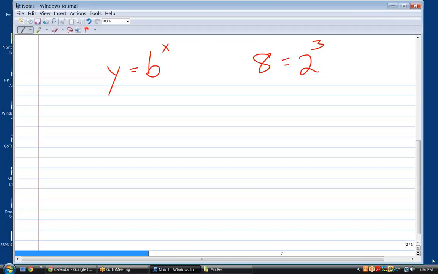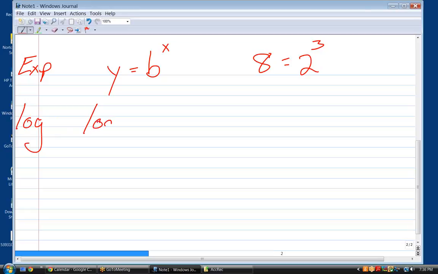All right. Every discussion about logs needs to start here with y equals b to the x. This is an exponential expression. That is not an algebraic expression. That's an exponential expression. What is the equivalent logarithmic expression to that?